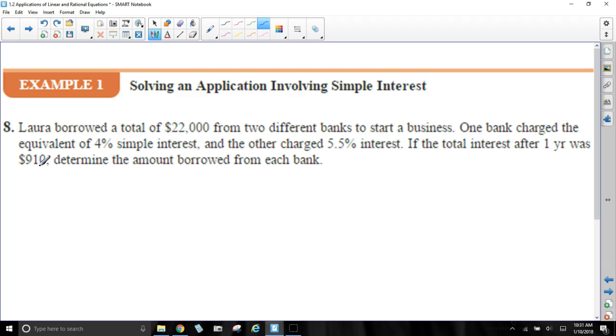Okay, we know that on her $22,000 amount that she borrowed, she had to pay interest of $910. So in essence, one model that we might have to show this problem is the interest that she had to pay on the 4% account added to the interest that she had to pay on the 5.5% account.